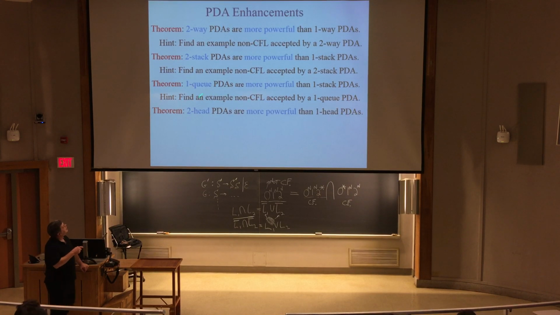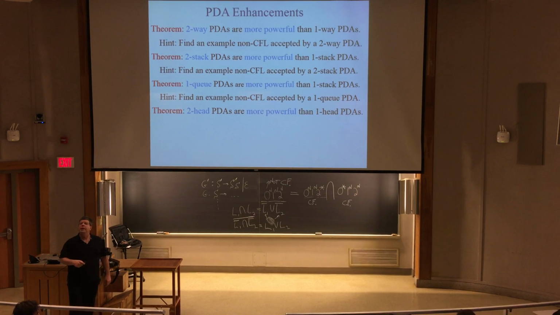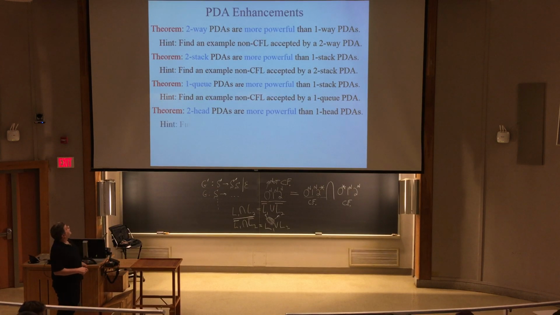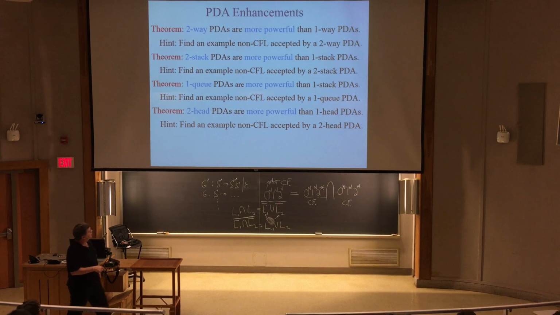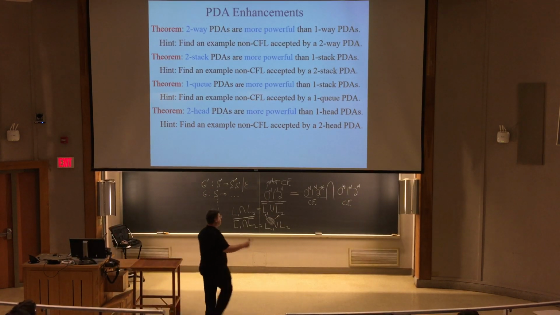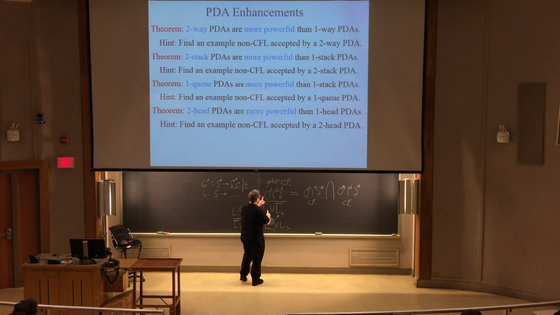So we just showed an example of a non-context-free language, namely 0^n 1^n 2^n, that can be accepted by a one-queue PDA that cannot be accepted by a one-stack PDA. Okay, if you have two heads, PDAs are more powerful. Because with two heads and still one stack, keep one head here, put the other head here, pass the zeros at the beginning of the ones, and then in lockstep, check the zeros against the ones with the two heads.